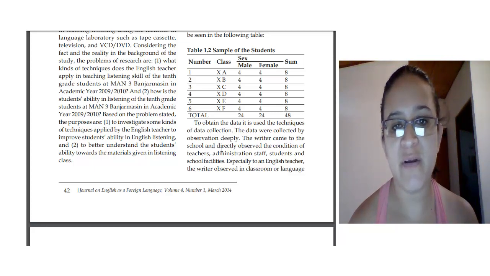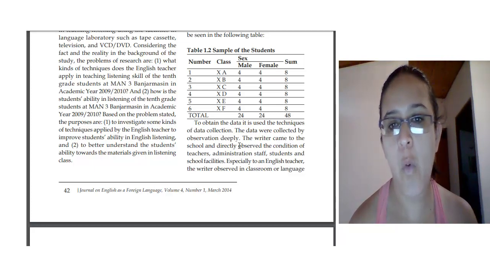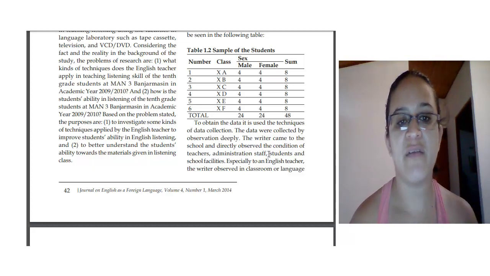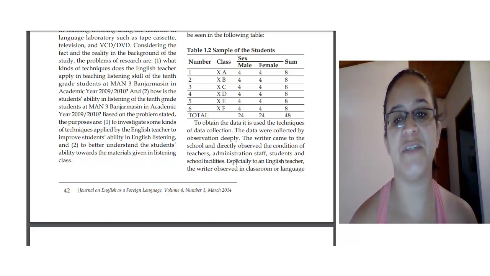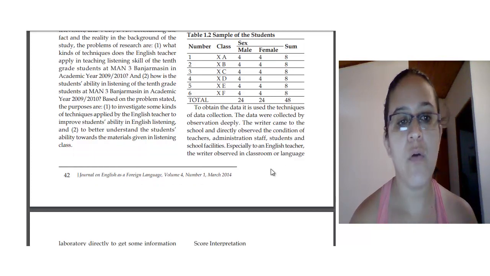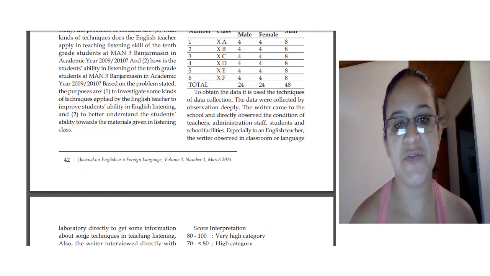The researcher came to the school and directly observed the condition of teachers, administration staff, students, and school facilities. That's about observation, but the writer also mentions observing in the classroom or language laboratory to get some information about techniques.